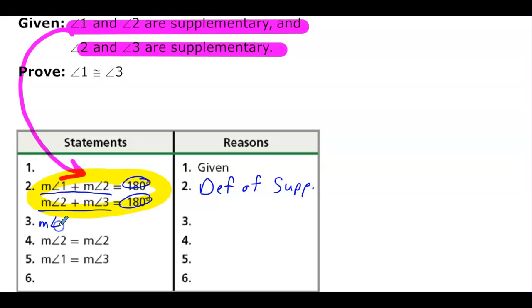So over here, I'm going to put the left side of each of those are equal to each other. And that is, it's substitution, but it's also our form of transitive. So transitive property of equality. Okay, now, you should be able to know this one without even thinking about it.